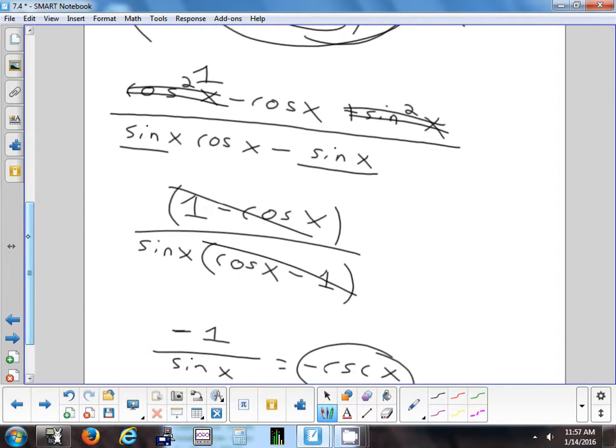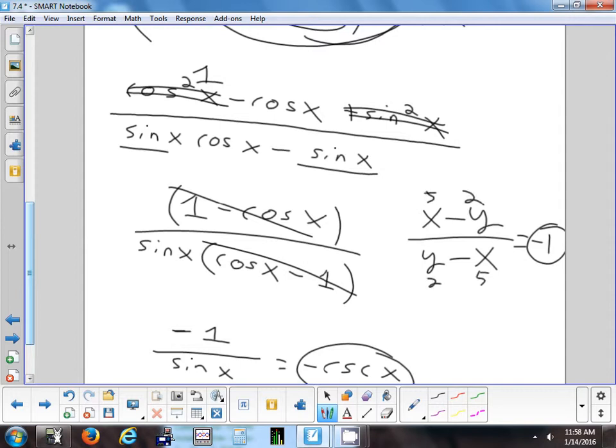This step? Yeah. So this is kind of going back to algebra. If you have something like this, it's always equal to negative 1. Two things that almost cancel, except the order is switched. When you divide them, it's negative 1. You could try it with numbers. Let's try 5 and 2, and 2 and 5.